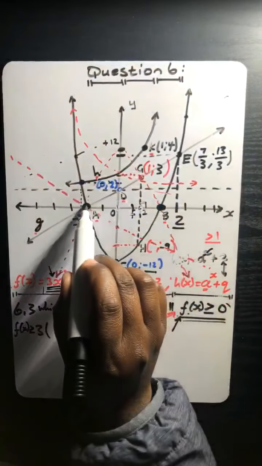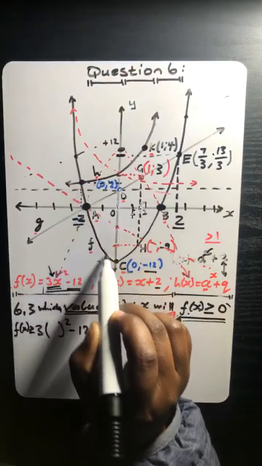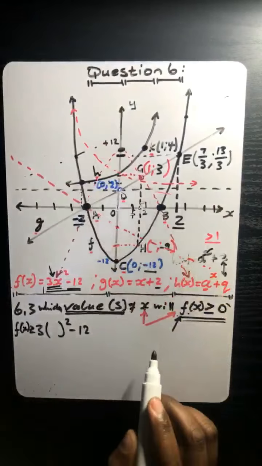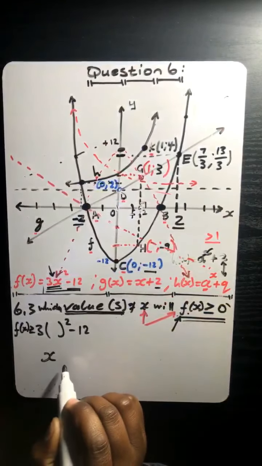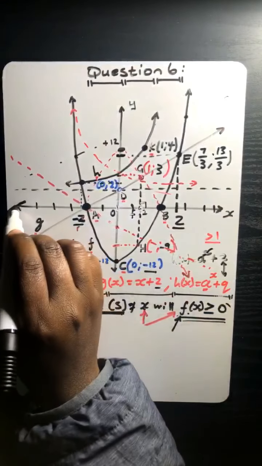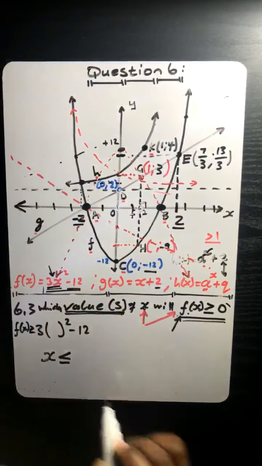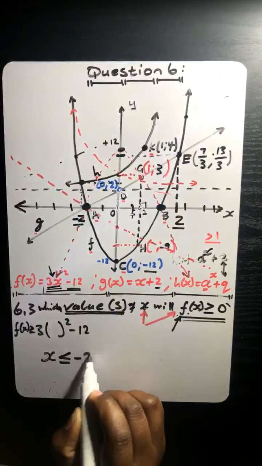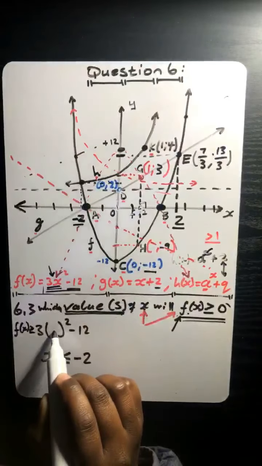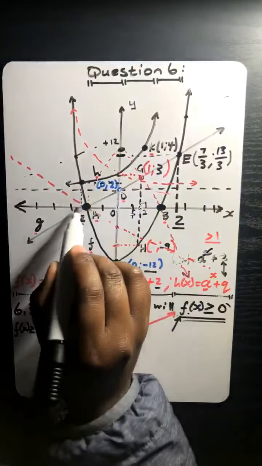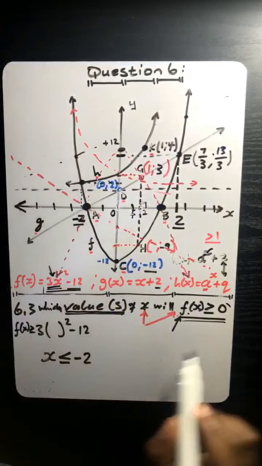But between this and that, you can see this function is actually in the negative direction, which means I can easily say x in that direction is less than or equal to -2. So if you punch -2 there, you must get 0. If you punch any values in that direction, you must get a value which is greater than 0.